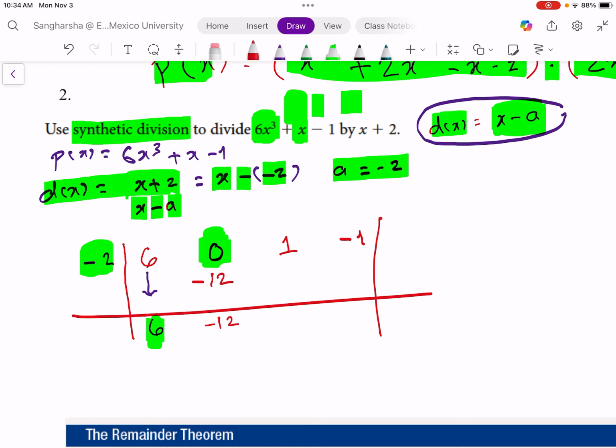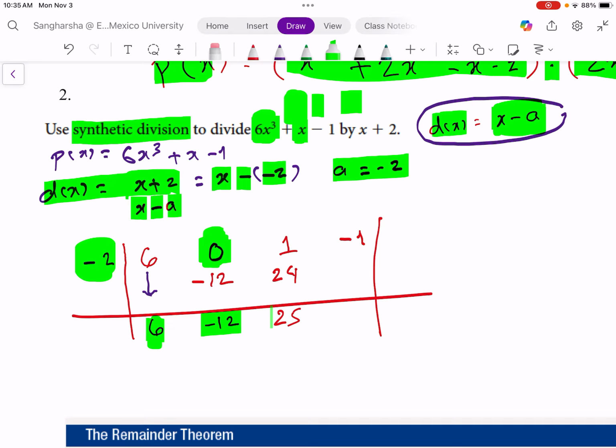Now we repeat the same process. Now you multiply -12 and this -2. So -12 times -2 is +24. Write down below the next coefficient. Now we have +1, +24. So 1 plus 24 is 25. Same process.